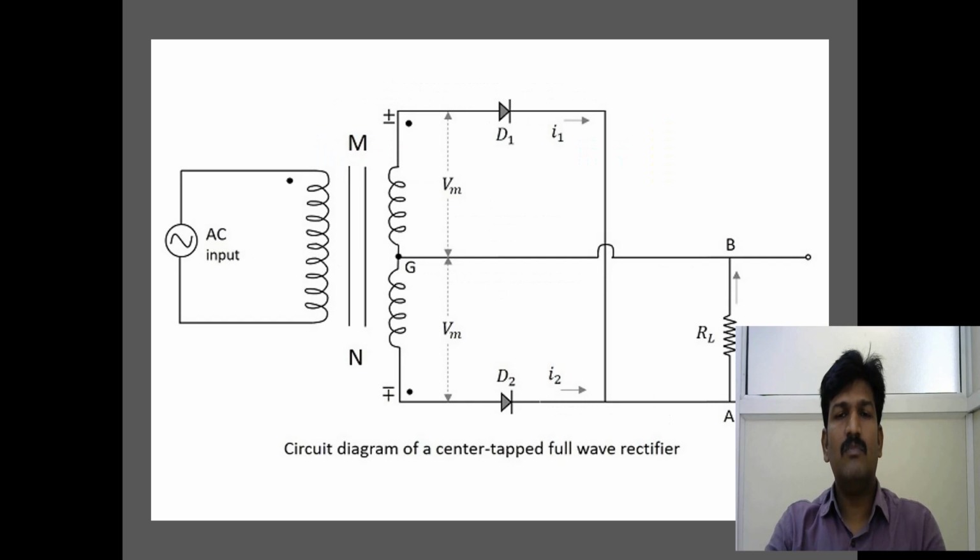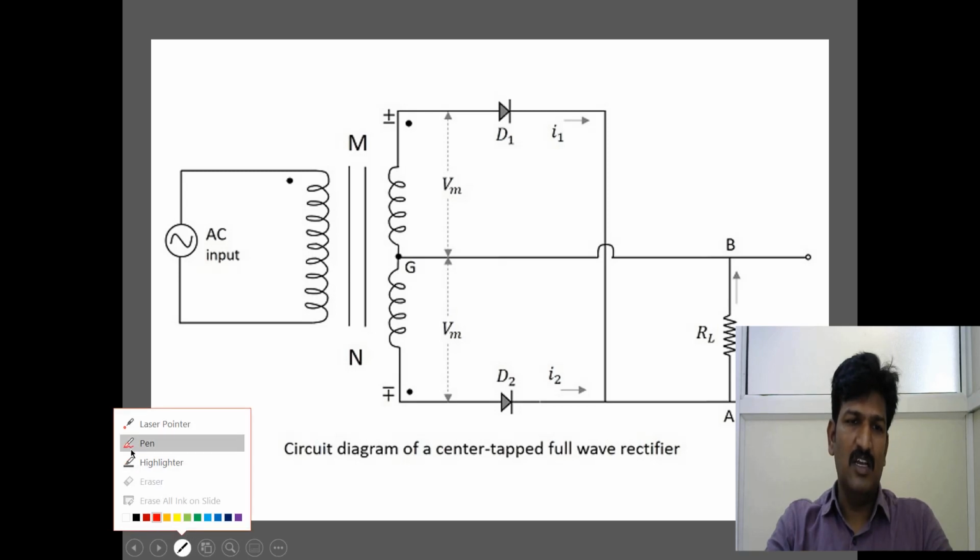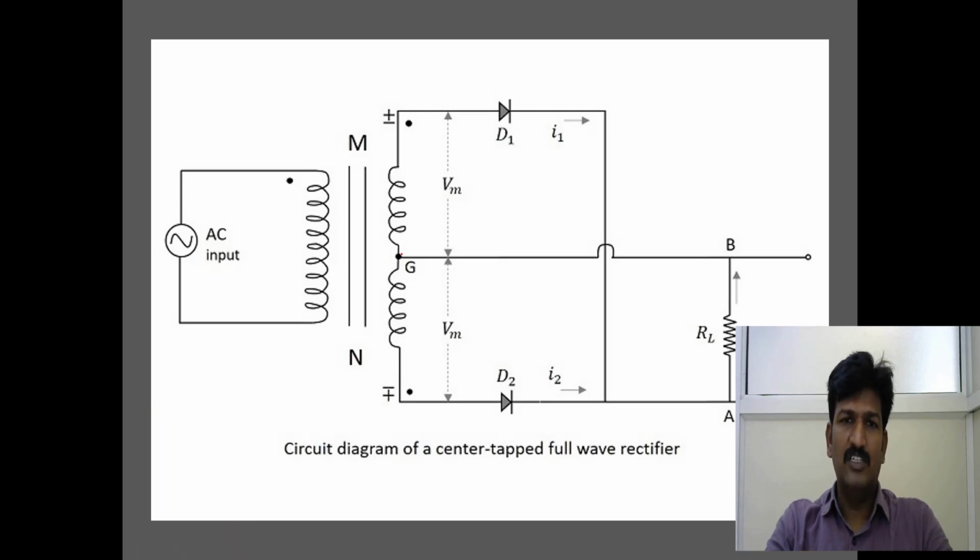Then the first type of the full wave rectifier is the center tapped full wave rectifier. Center tapped means one wire is taken from the center of the secondary winding of the transformer.